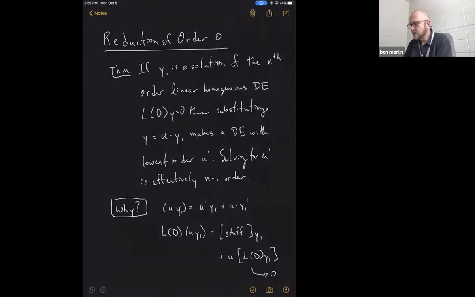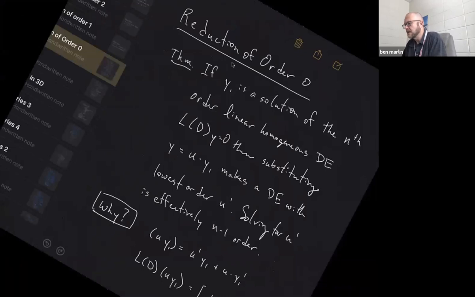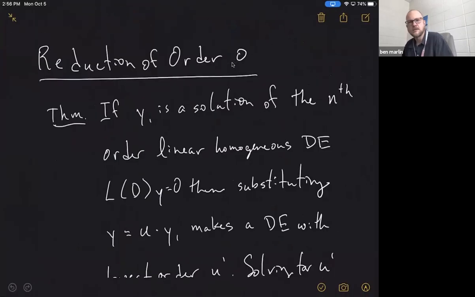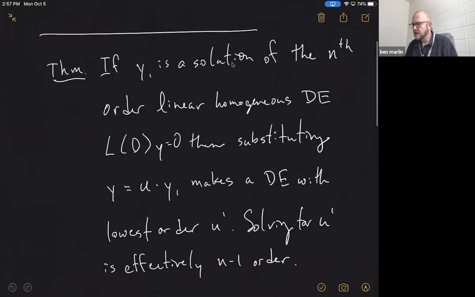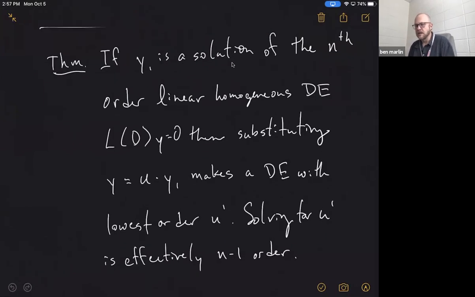All right, so this, as I said, is the reduction of order technique. The essential notion of it is that if you've got a solution, and we refer to it as y1, of some nth order linear homogeneous differential equation that you can express as L of D times y is equal to 0, then you substitute in y to be u times that y1. Now remember, y1 is not an unknown at this point. y1 is a function, okay?